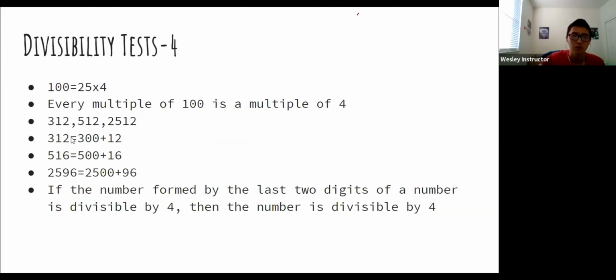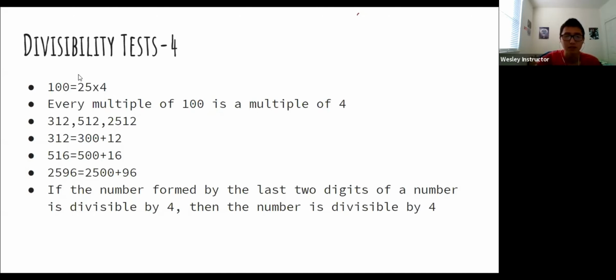For example, 312: we take the last 2 digits, which is 12, and 12 is divisible by 4. So that means 312 is divisible by 4. Try this with 512 and 2512, and it will also work. They are also divisible by 4.